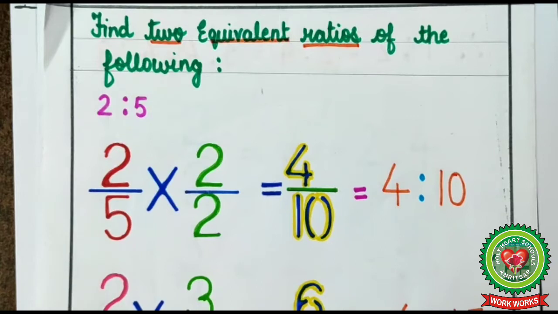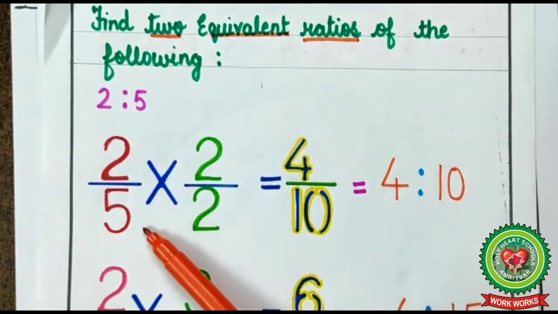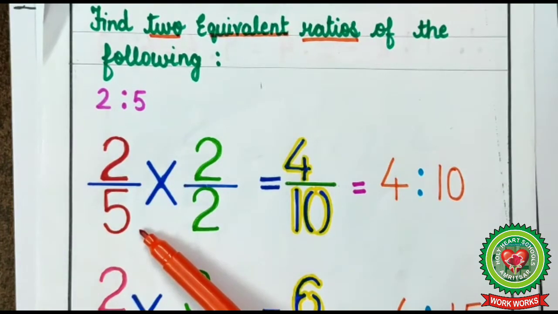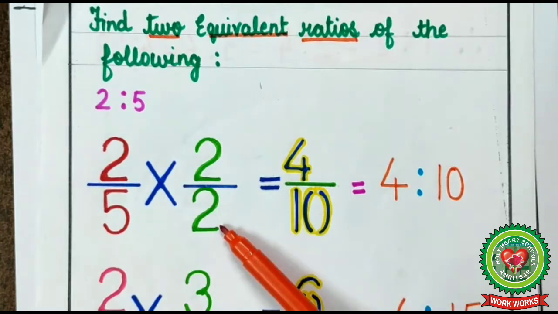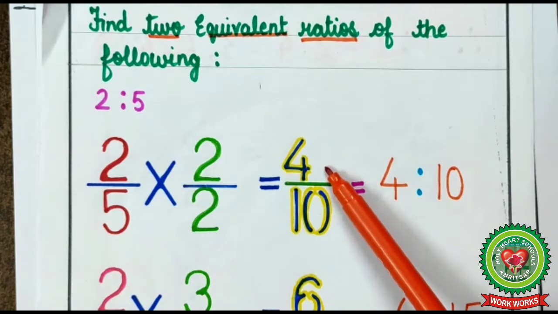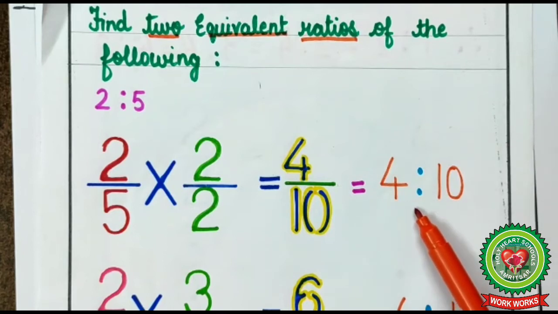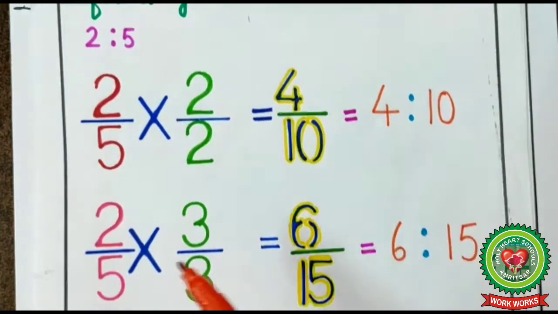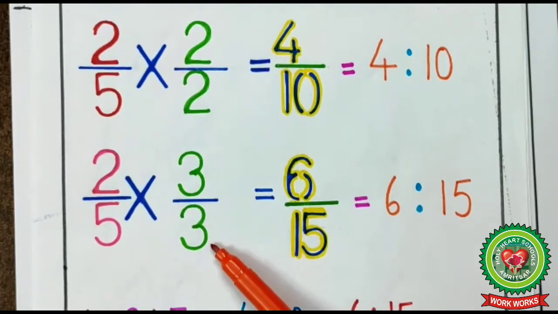So here 2:5 we can express as 2/5. First of all, we will multiply it by 2/2. Here it comes 2 2s are 4, 5 2s are 10. So in ratio we will write 4:10. Then we will multiply it by 3/3.